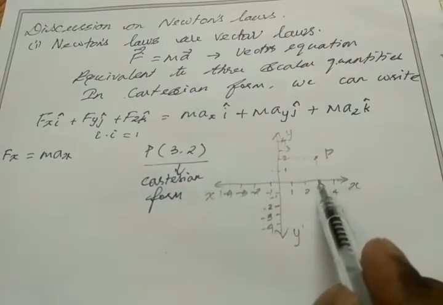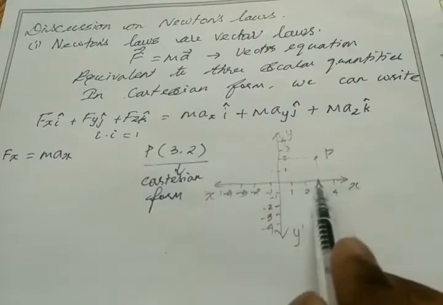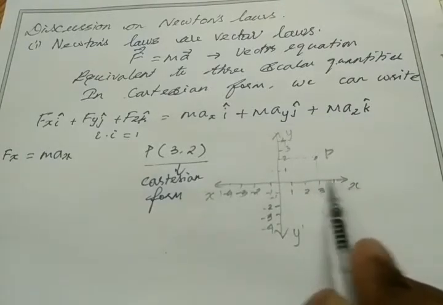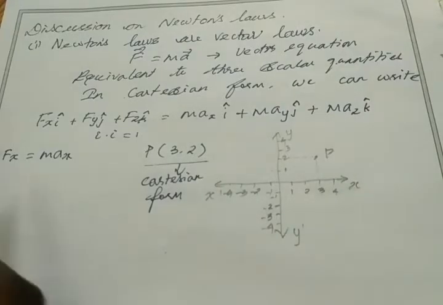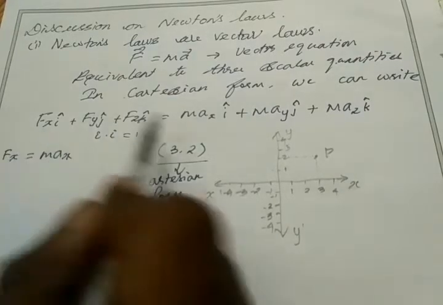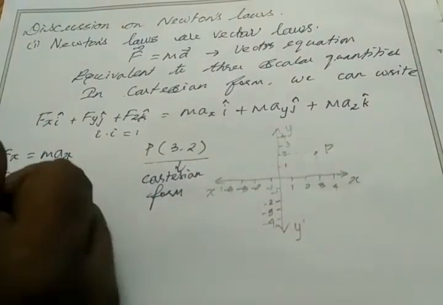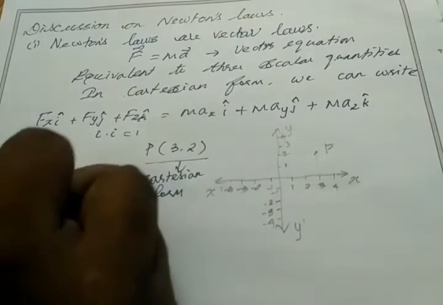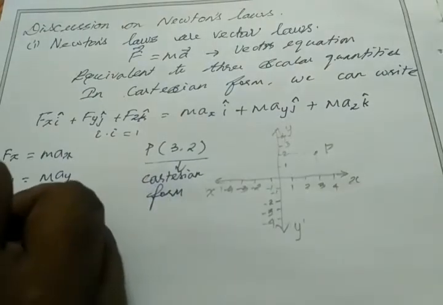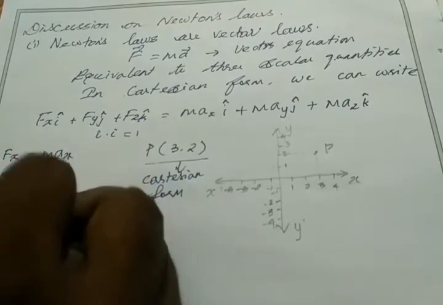We have an object on the x-axis, we give it some force, and because of that force the object accelerates along the x-axis. So Fx equal to max. Similarly, Fy equal to may, and Fz equal to maz.